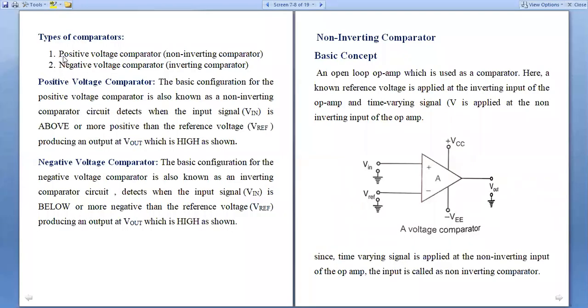So there are two types of comparators. One is the positive voltage comparator, called the non-inverting comparator, and the second one is the negative voltage comparator or inverting comparator.